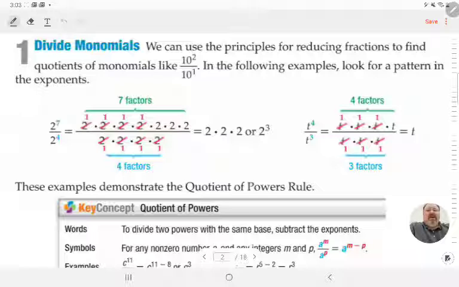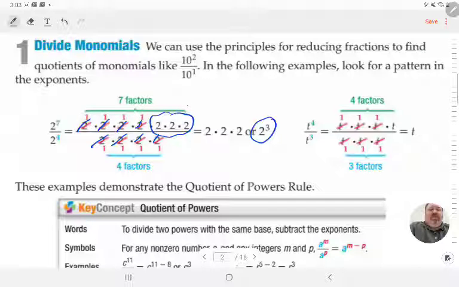So basically, if you have 2 to the 7th power over 2 to the 4th power, you could write 2 times 2 seven times over 2 times 2 four times. You can simplify. 2 over 2 is 1 over 1, same thing for 4 of those. That leaves you with 2 times 2 times 2, or 2 to the third power. It works the same way with variables, okay?